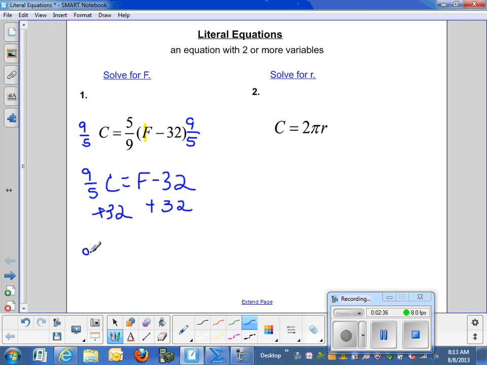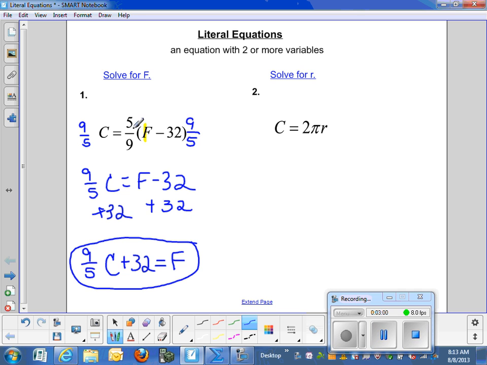So on that left side, we have 9/5 C plus 32 equals F. So I have solved this little equation for F. So now if I had Celsius temperature readings, I could easily plug them into the formula to get the Fahrenheit.